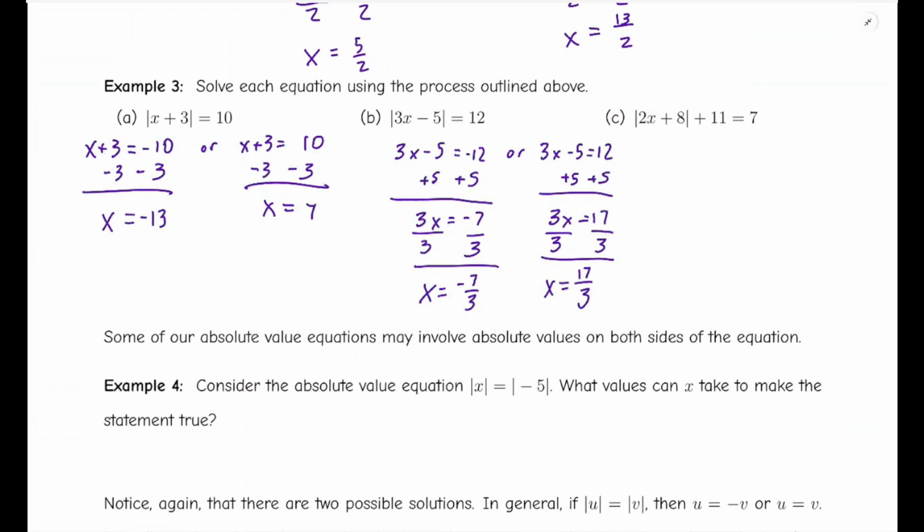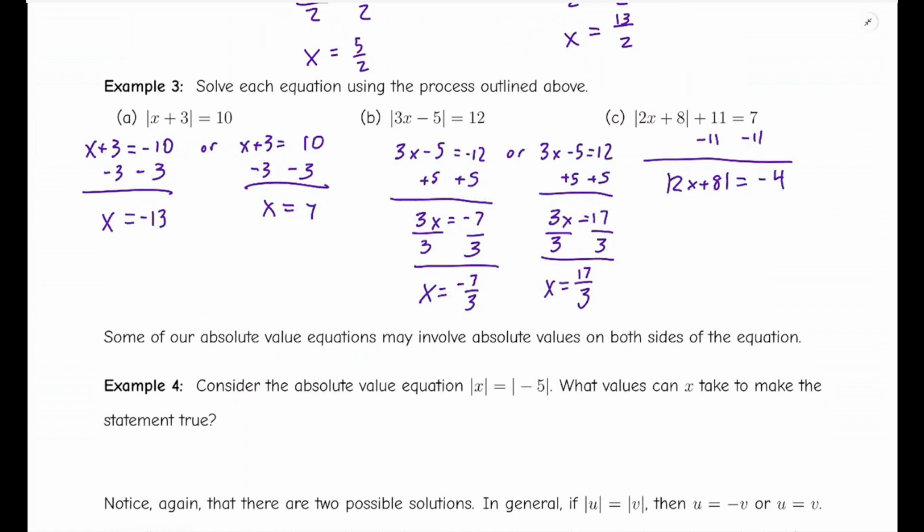Now for part C, the absolute value is not isolated, so the first step will be to subtract 11 from both sides. And we get the absolute value of 2x plus 8 is equal to -4. Well, then this is actually a problem. This is saying the distance of 2x plus 8 from 0 is equal to -4.